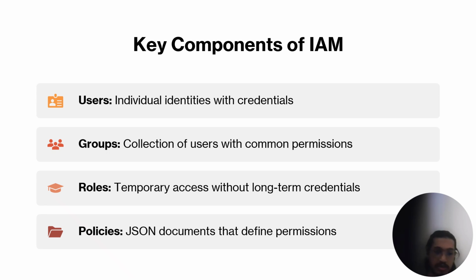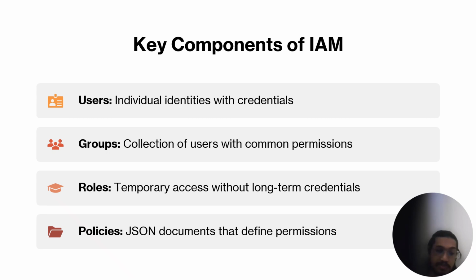We'll be discussing these now. IAM has four main building blocks: users, groups, roles, and policies. Users represent individuals like employees or applications. Groups are teams of users who share similar access.